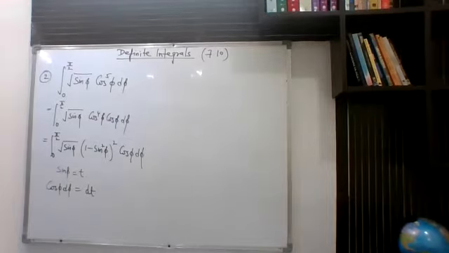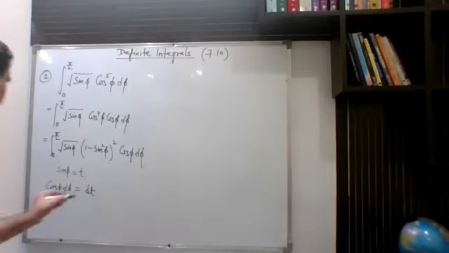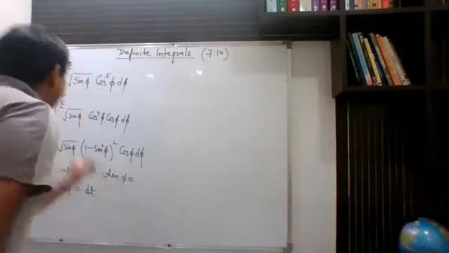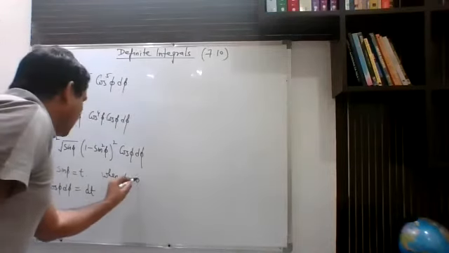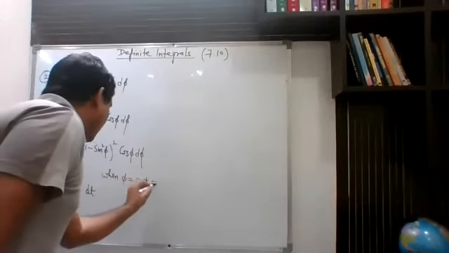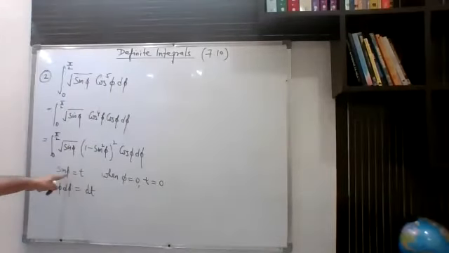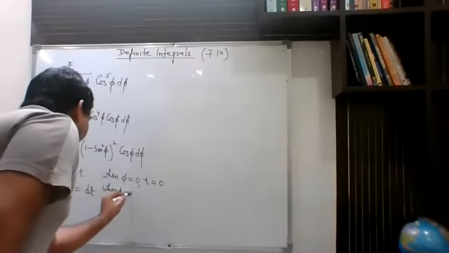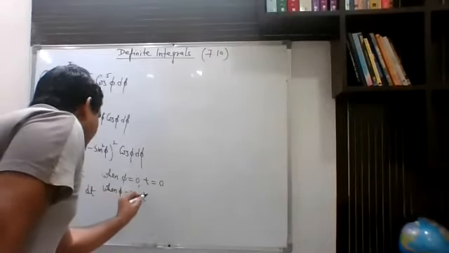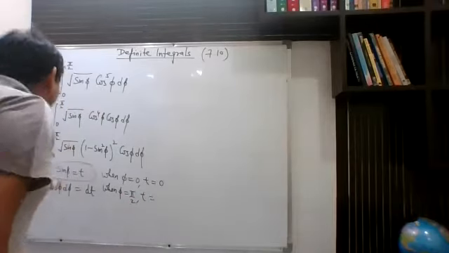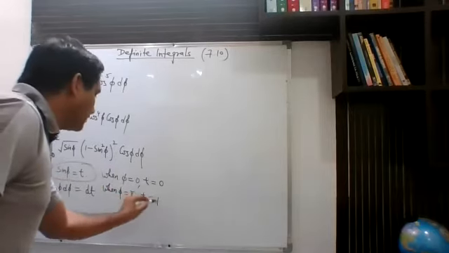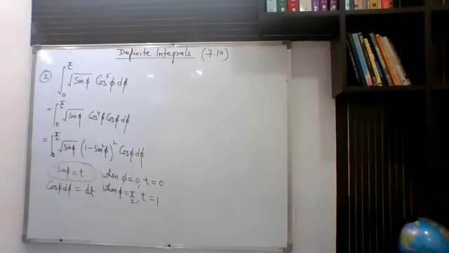When you change the limits, you will write: when phi was 0, then correspondingly your t will be equal to 0, because you know that sine 0 is 0. Next, when phi is 90, sine 90 will be 1, because we know that sine 90 is 1.